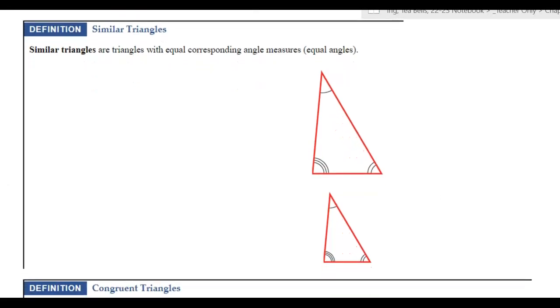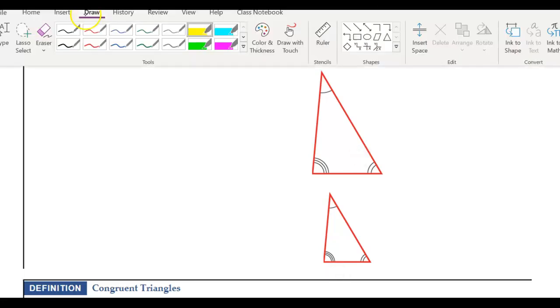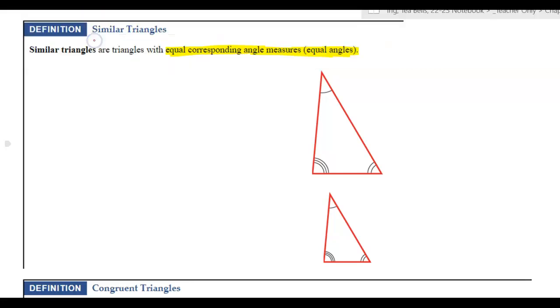Okay, so going in line with that, we have what we call similar triangles. So similar triangles have equal corresponding angles. Okay, so they have equal angles, but their sides are different lengths. So back in geometry, when we made them get bigger, we called them enlargements.